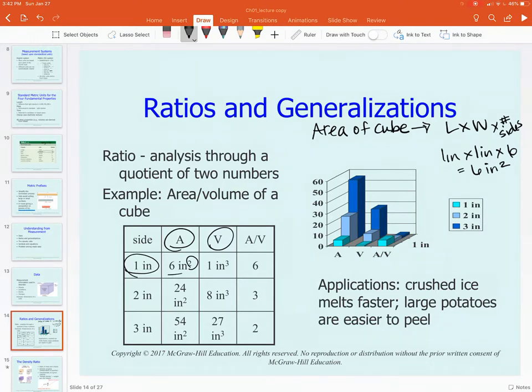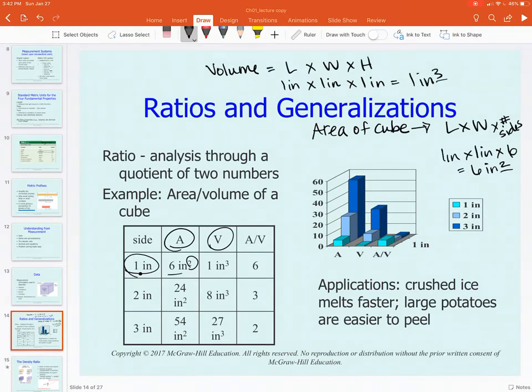Now, if you remember doing volume in math class, you remember that volume is equal to length times width times height. So again, if you have a cube and it has 1 inch sides, you would have 1 inch times 1 inch times 1 inch, which just equals 1 inch cubed.